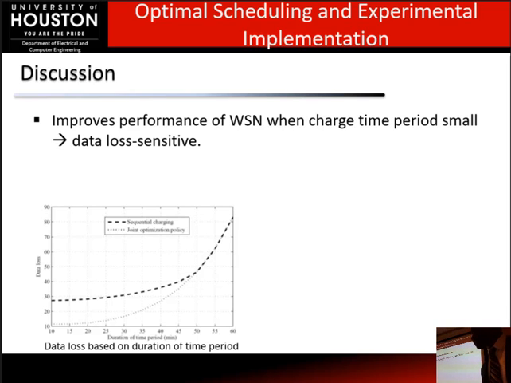If you have a very short duration of time, obviously our joint optimization policy will be better, so we will minimize the data loss. But if we have more time, sequential charging divides the time period into 3 parts, so it will have more time to charge all the sensors. So the data loss will be almost the same. Our joint optimization policy is better if it's used for data loss sensitive applications.